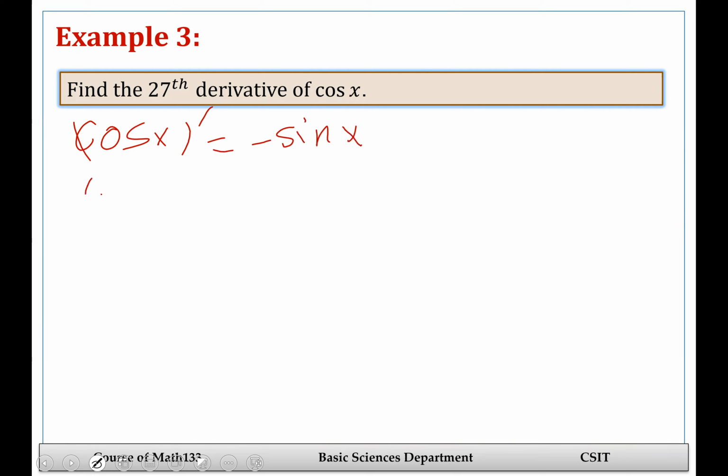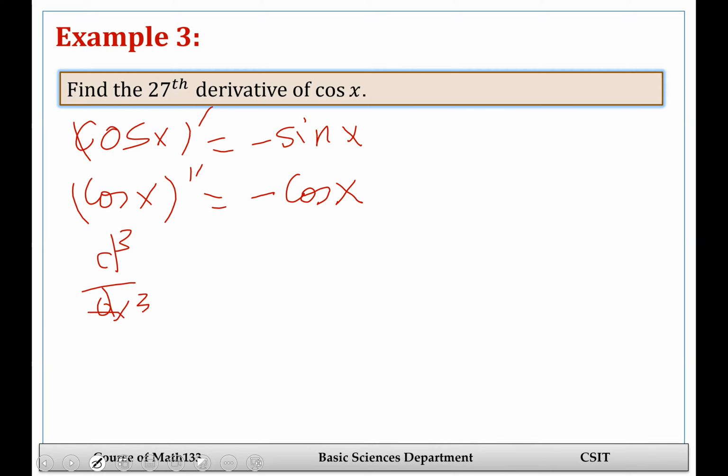Then the second derivative of cosine x is equal to the derivative of minus sine, which is minus cosine. Then the third derivative with respect to x of cosine will be sine x.